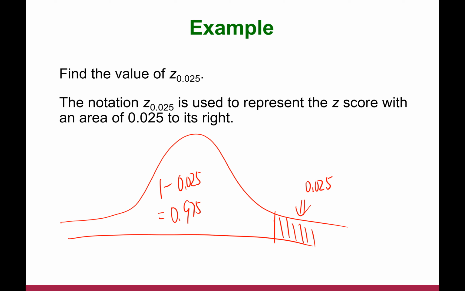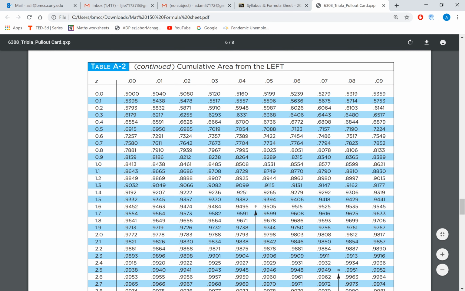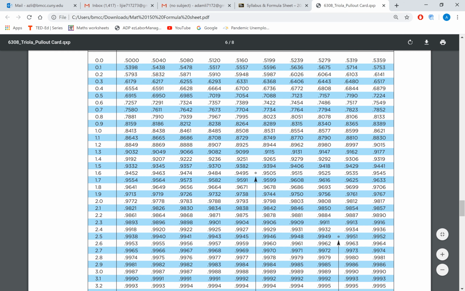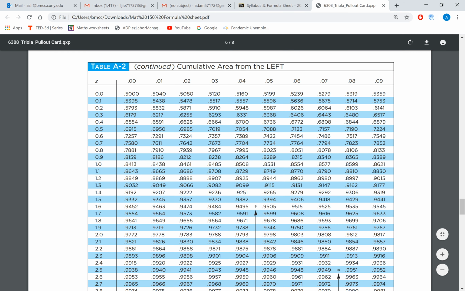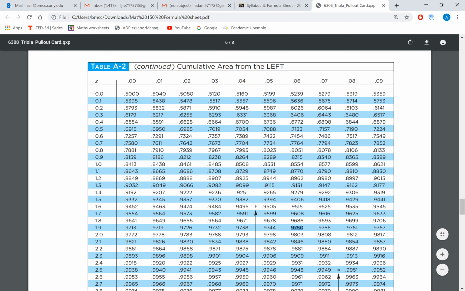Now using 0.975, go back to table A2. Let me show you one more time. Again, open the page, table A2. We look for 0.975, and we should have the exact match. 0.975 here turned out to be this, so the corresponding z-score is 1.96. 1.96 corresponds with an area of 0.9750.